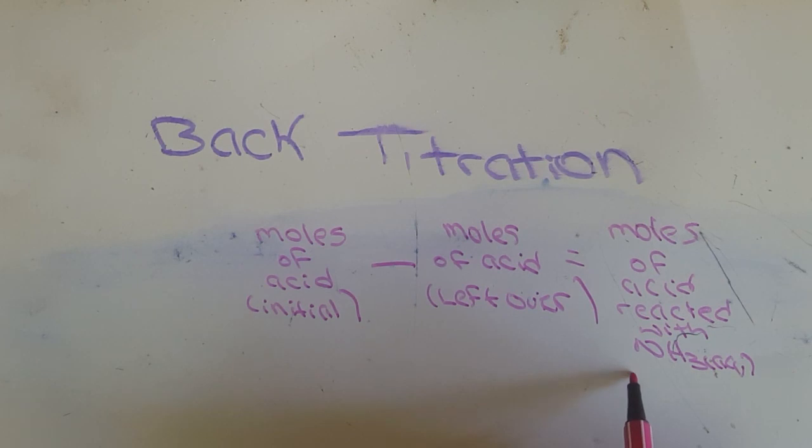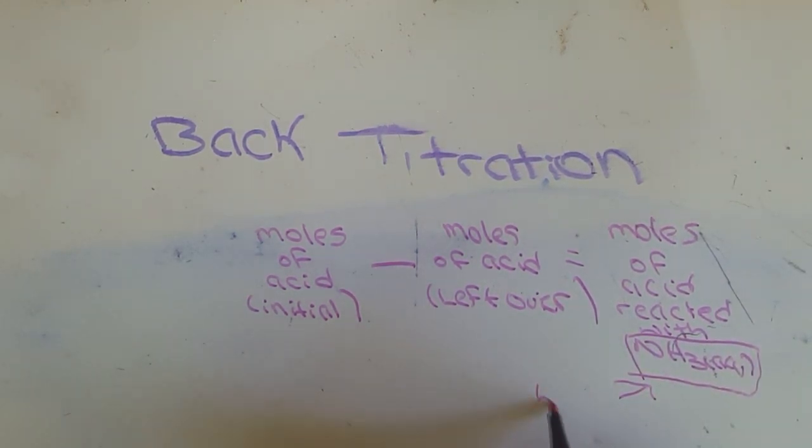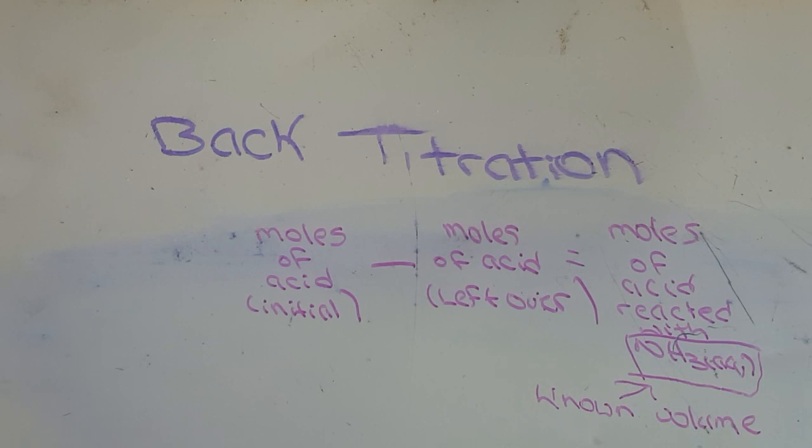And because you have a known volume of ammonia you used, remember it's the concentration you do not know, that's why you will perform a titration. So you have a known volume of the ammonia. You can now get the concentration because you have the moles of ammonia and the known volume. You can get the concentration by dividing the moles by the volume.